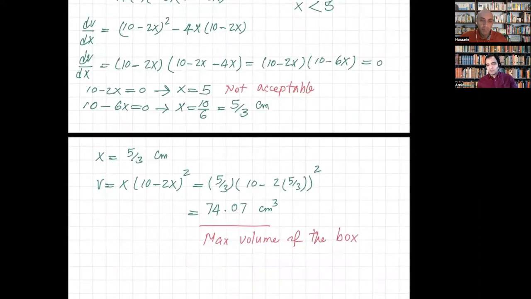That's an interesting problem in real life, so we can use it. Thank you, Hossein. Yes, with less material you can actually have more volume. So I appreciate it.